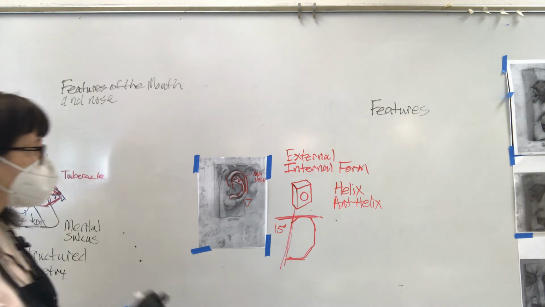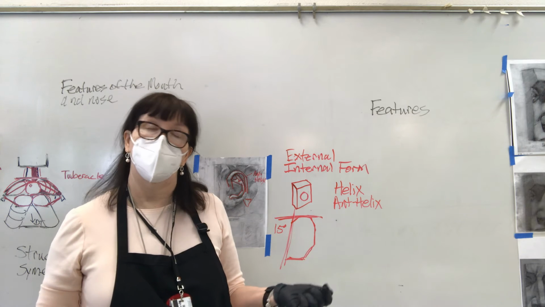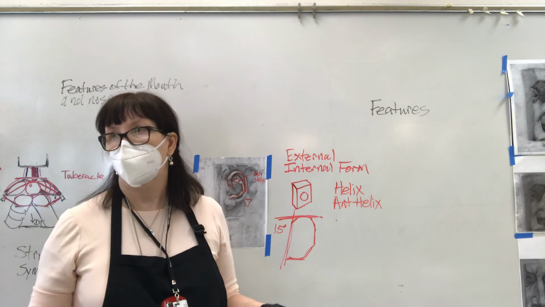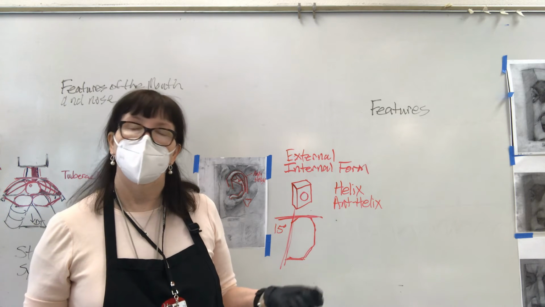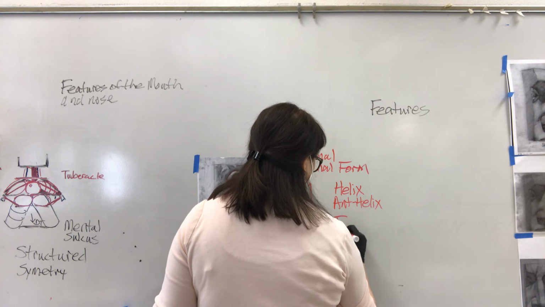Now, depending on whether you're from the East Coast or the West Coast depends on how you say this. Back east they say tragus, and here we say tragus. Same form.